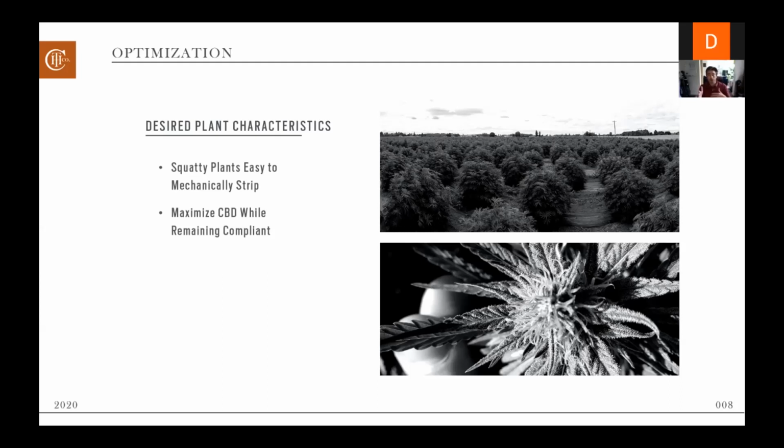And then on the extraction side, one of the biggest challenges we face each and every day is dealing with the fats and waxes that come when extracting this material. So really developing a plant that limits fat and wax content will really help us tool our equipment and create efficiencies both along extraction and refinement and downstream.